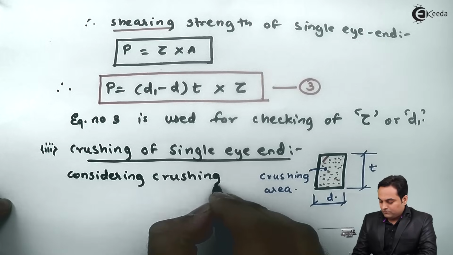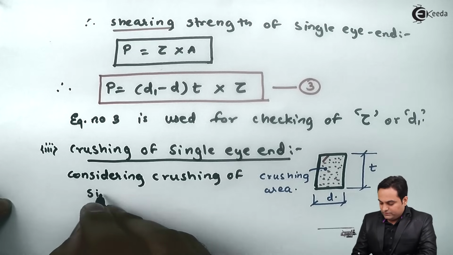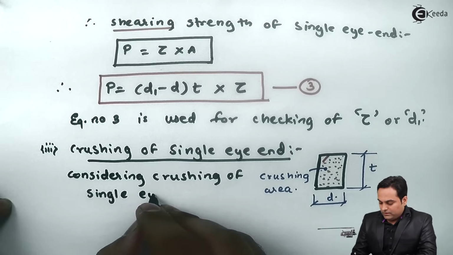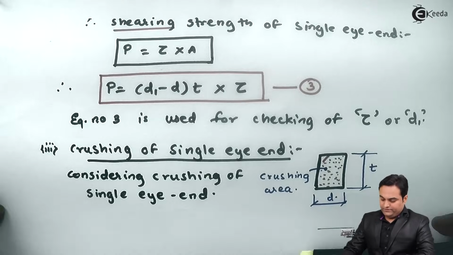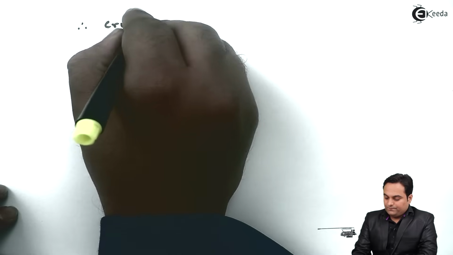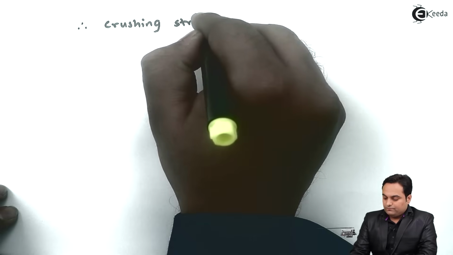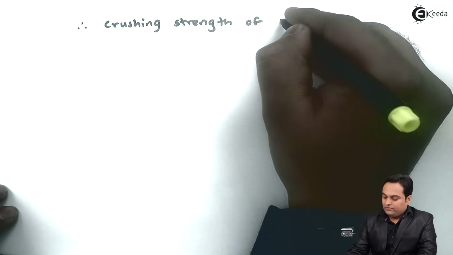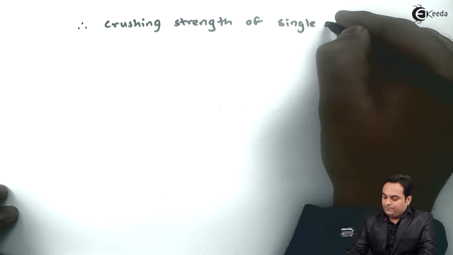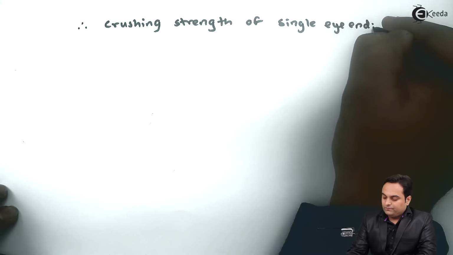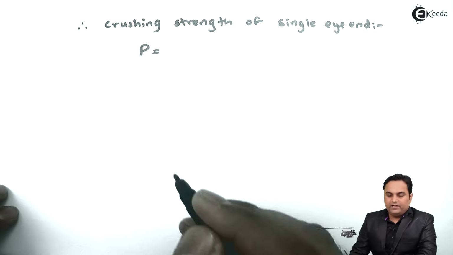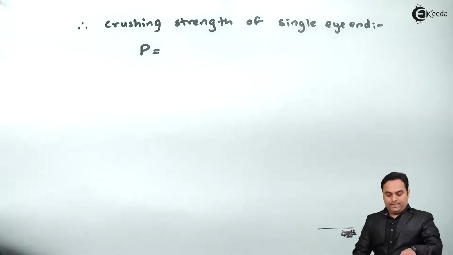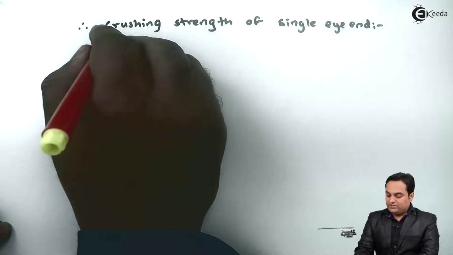So therefore, considering crushing of single eye end, therefore I'll write it on to the next page. Crushing strength of single eye end. Since we are writing strength, it means the load carrying capacity, load is denoted by P, and we want to calculate crushing strength.